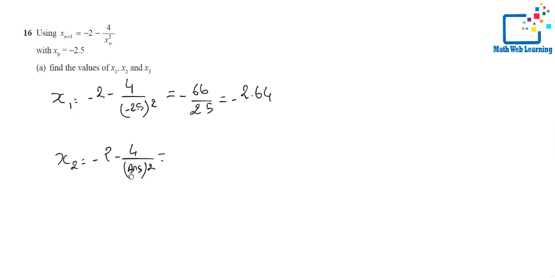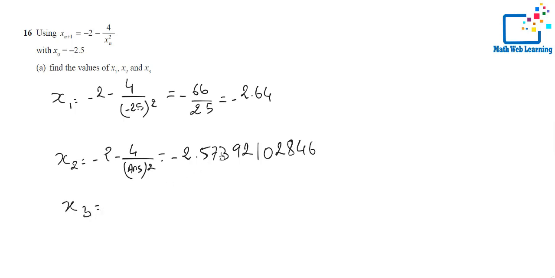Okay, so for x2, we have negative 2.573921028 and so on. I'm going to stop there. For x3 I'm going to do the same thing.